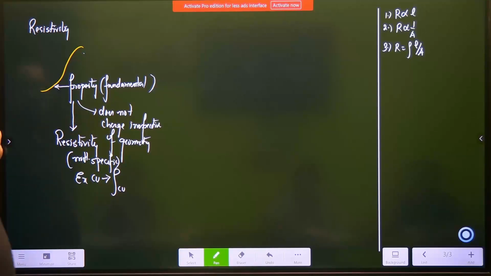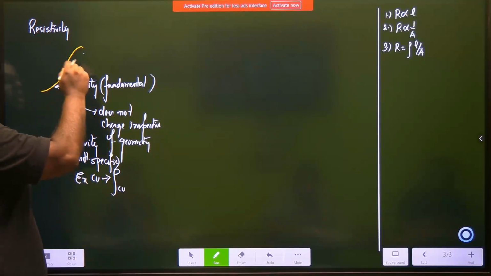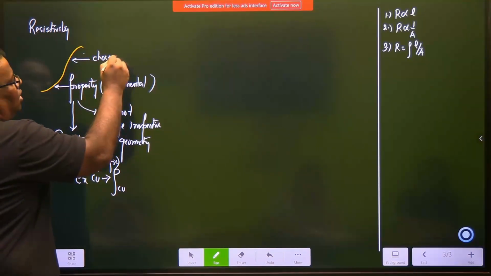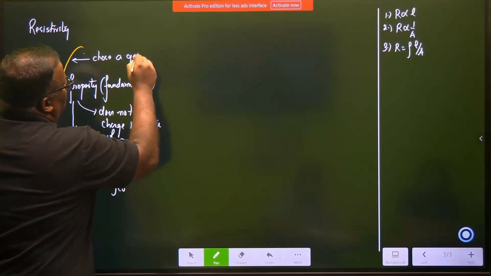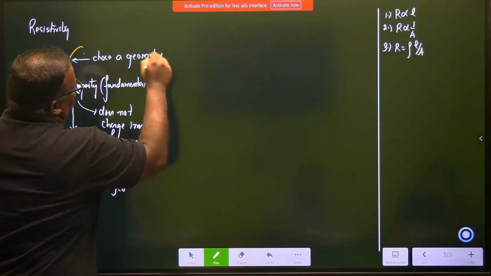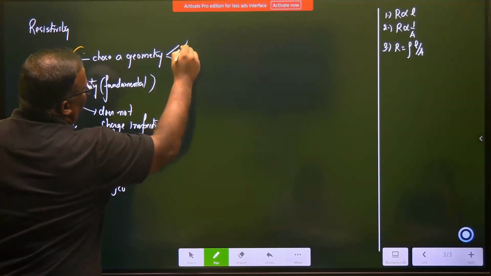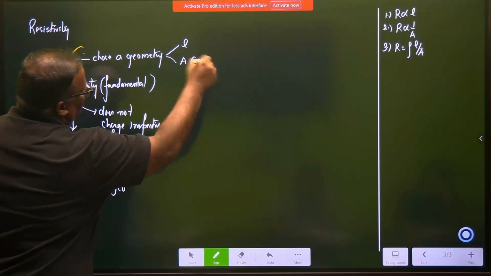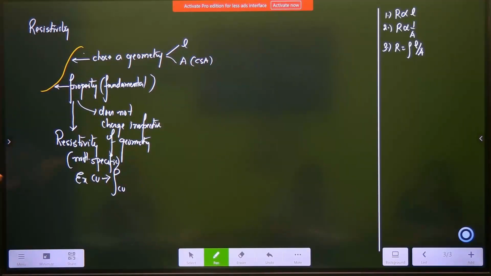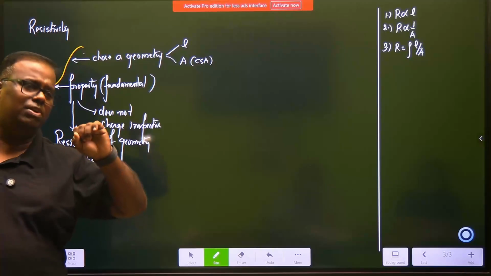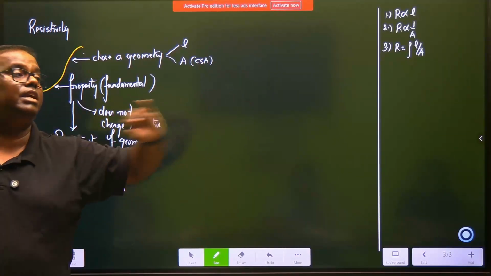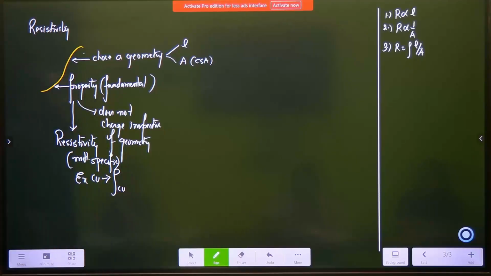Understood? Then you chose a geometry. In basic language, you must have chosen some L and some A, where A is your cross-sectional area. Is this understood? Imagining that you have taken something very uniform. Let's say we have taken this much of a cross-sectional area, slender, and a particular length.